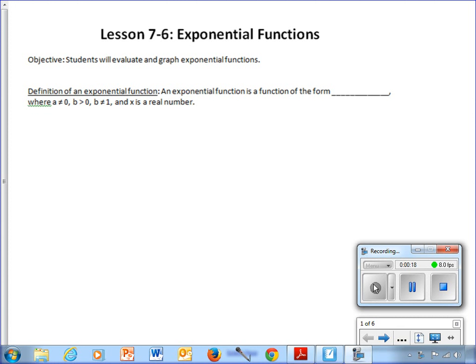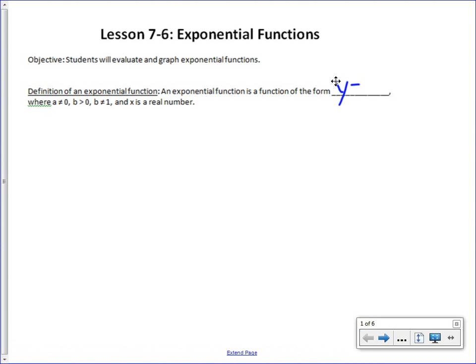So we're going to begin with the definition of an exponential function. An exponential function is a function of the form y equals a times b to the power of x, where a is not equal to 0, b is greater than 0, and b is not equal to 1, and x is a real number.